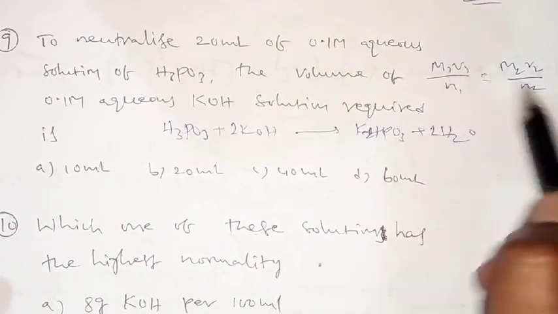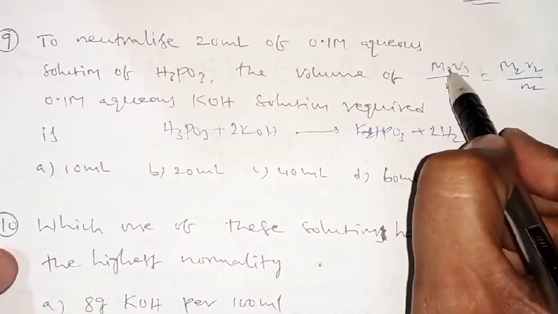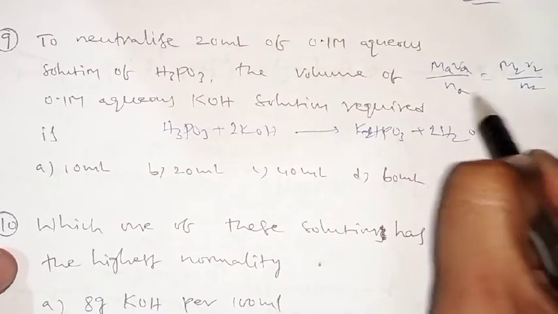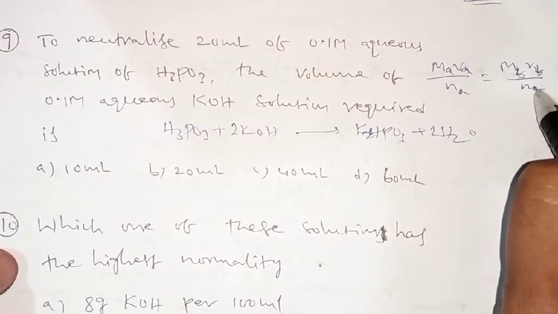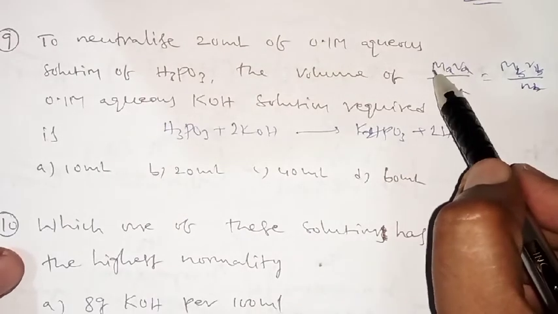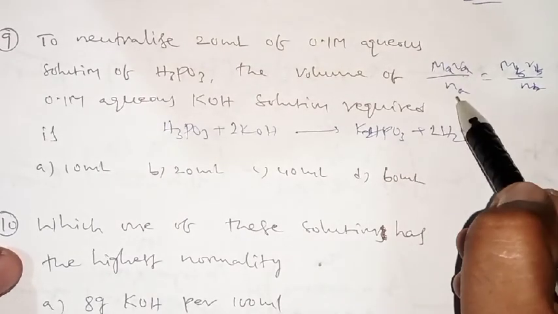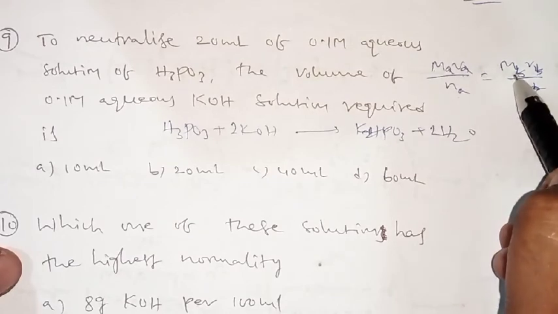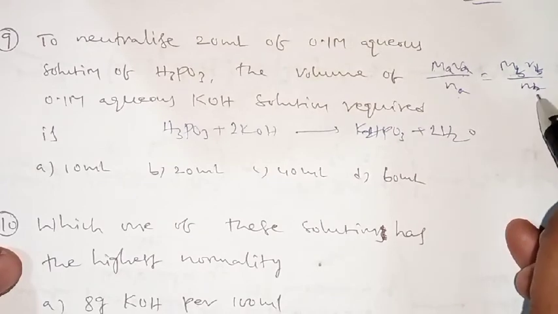For acid and base, you can take it like this also: MaVa by Na equals MbVb by Nb. Ma is the molarity of the acid, Va the volume of the acid, Na the number of moles of the acid. Mb is the molarity of the base, Vb the volume of the base, Nb the number of moles of the base.